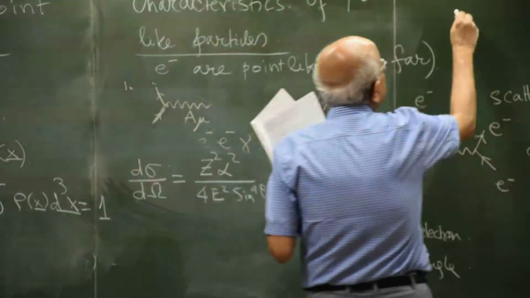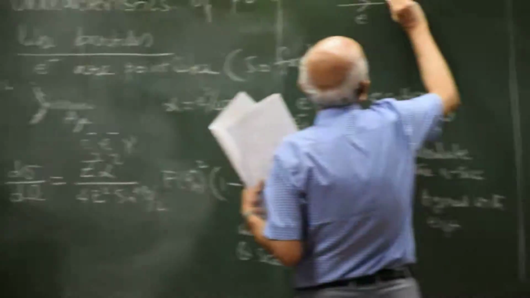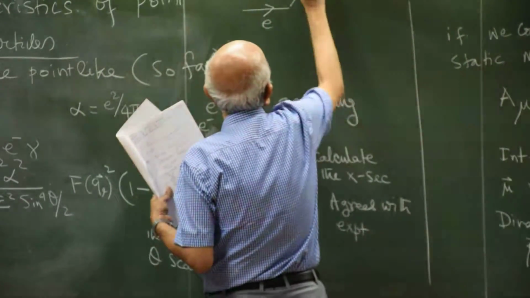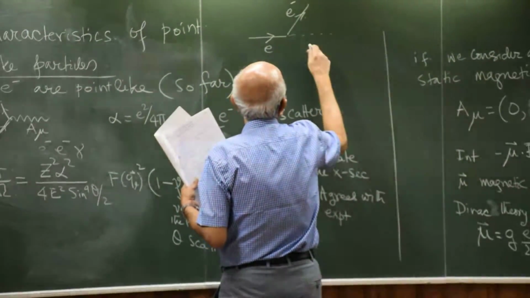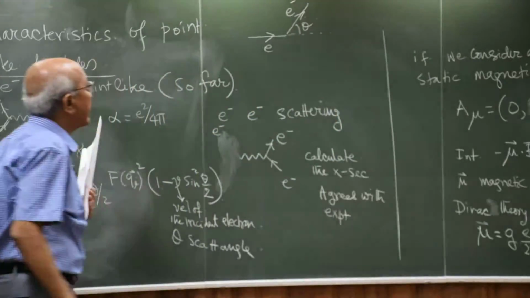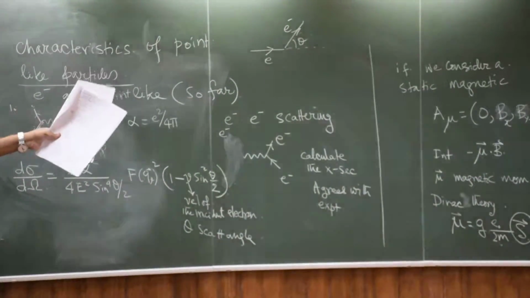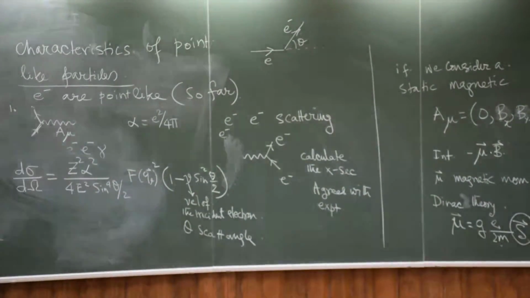That is, this is my incident electron and this is my scattered electron and this is my scattering angle. So this is the geometry. An electron comes in, it is scattered and theta is the scattering angle.